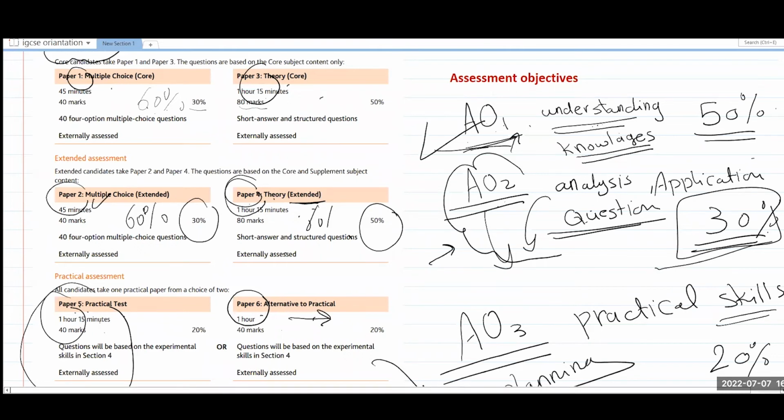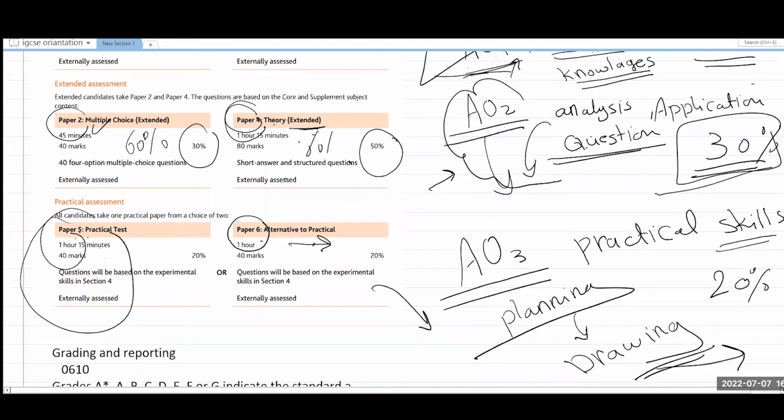Okay, for the practical, for each chapter, some chapters have clear practical experiments which you have to learn, because for sure this practical 80% will be in the paper 6 assessment, right? It will be given to you during the course, right?